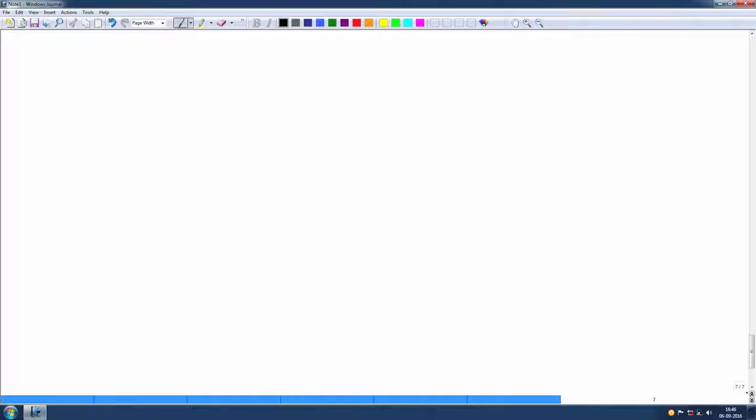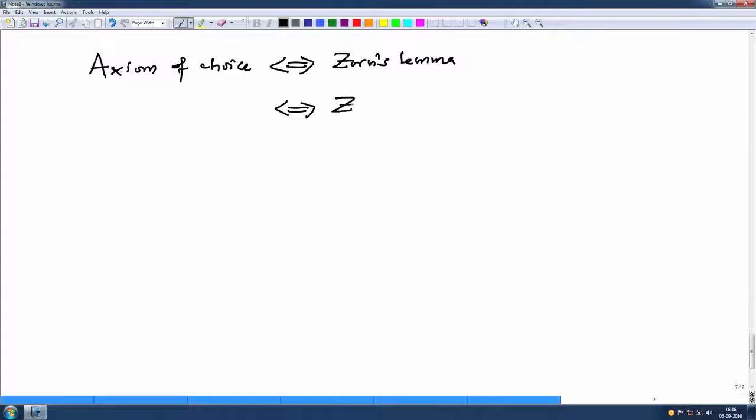So, a normal course on abstract set theory will have such implications. The axiom of choice is equivalent to Zorn's lemma, and also equivalent to another useful theorem called Zermelo's well ordering theorem.